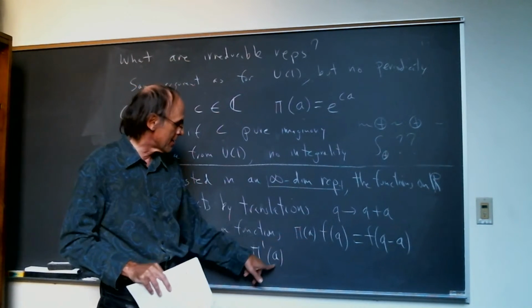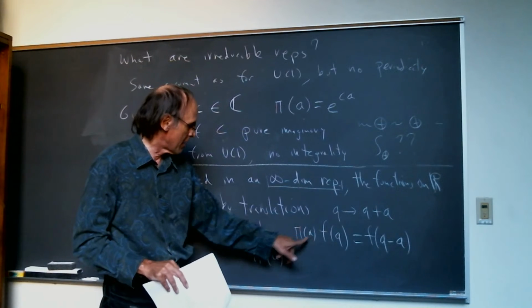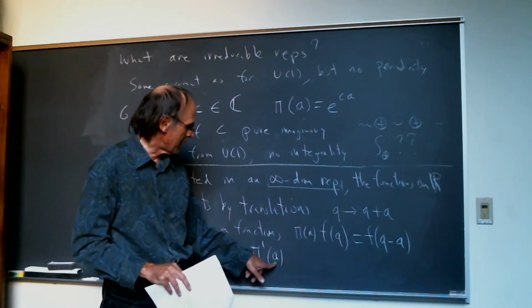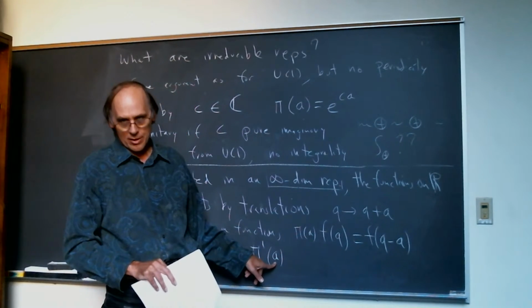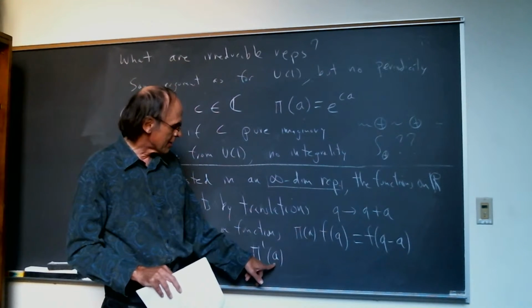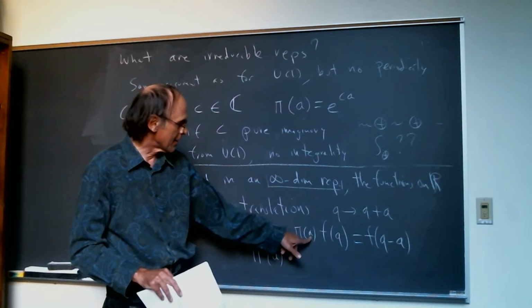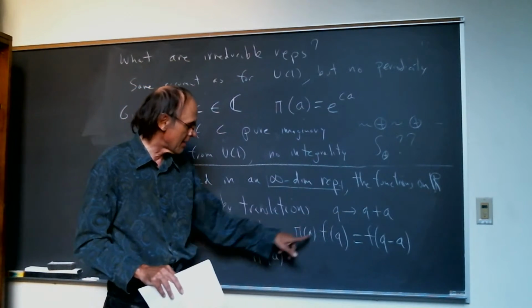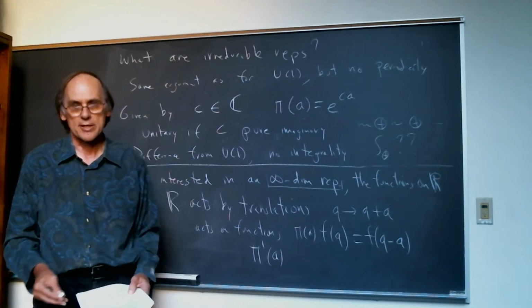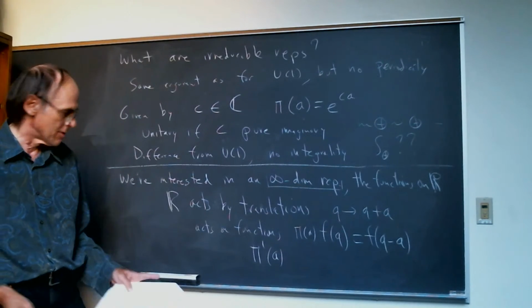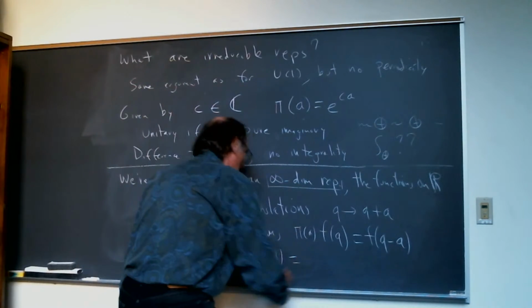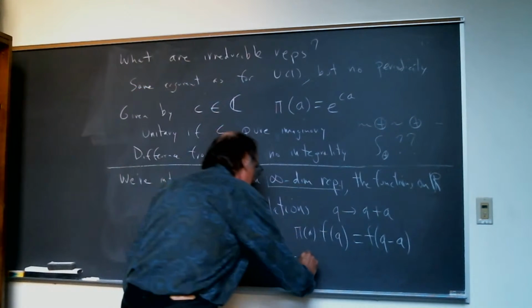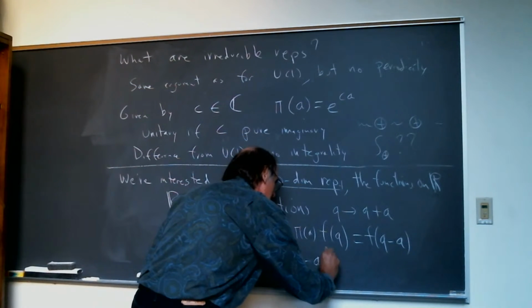Here it's an infinitesimal translation, if you like. It's a thing that you exponentiate to get this one, but they're both copies of R, so I'm just using the same notation. That takes a little bit of getting used to. But if you work out what this is, it's just minus a times d/dq.